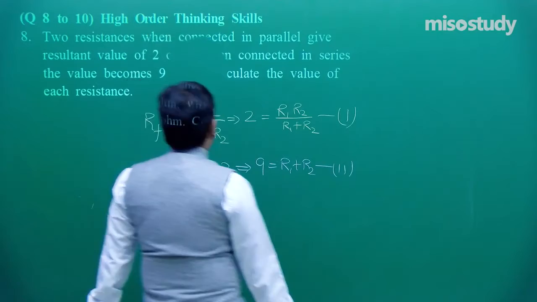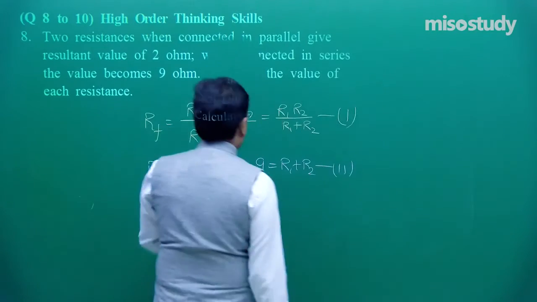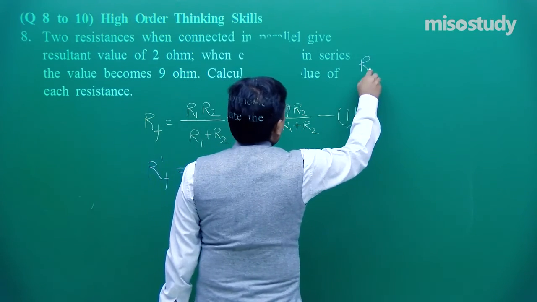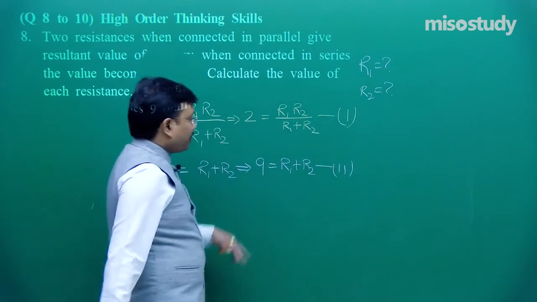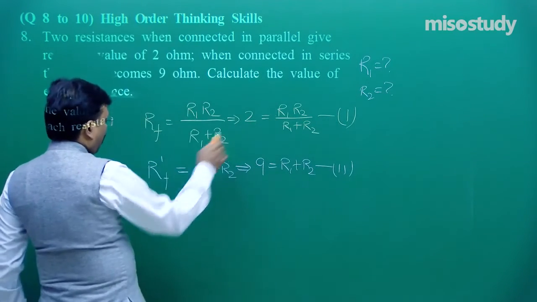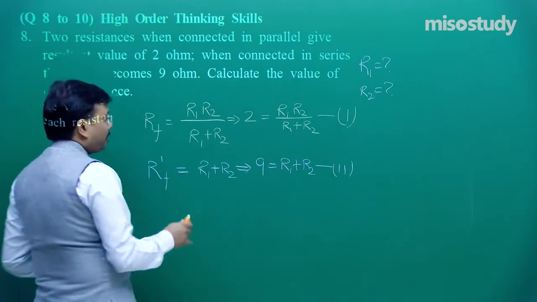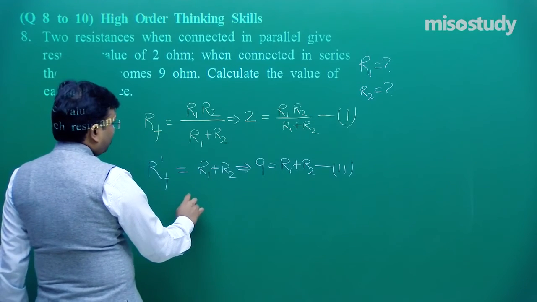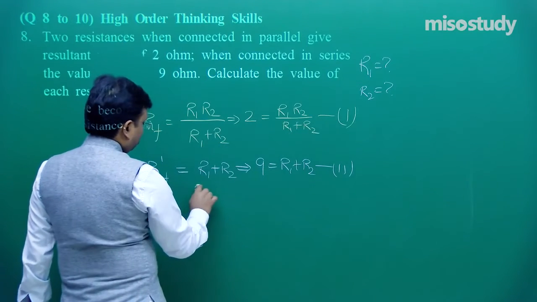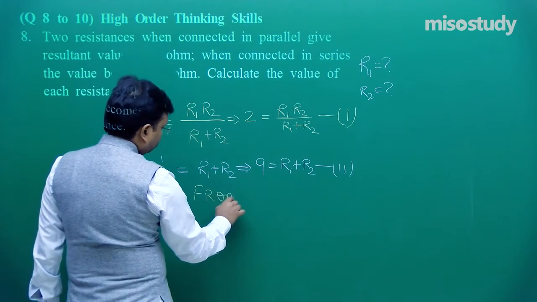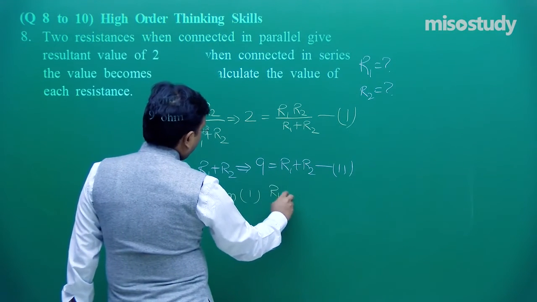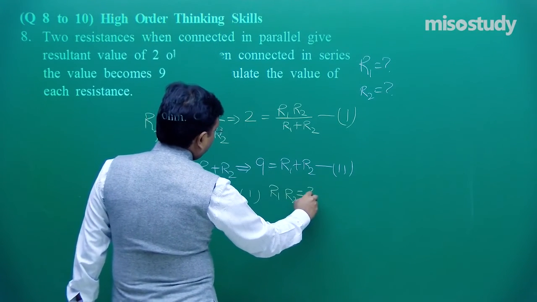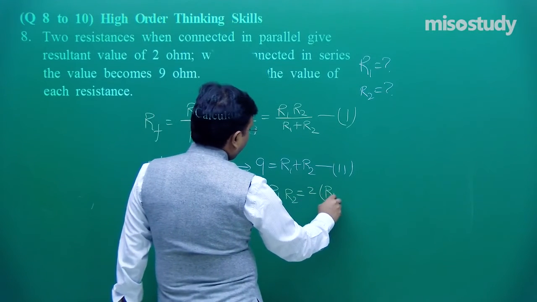Now, you have to find the value of each resistance. So, that is your target. How can you solve this? From equation 1, I can say R1 R2 is equal to twice R1 plus R2.